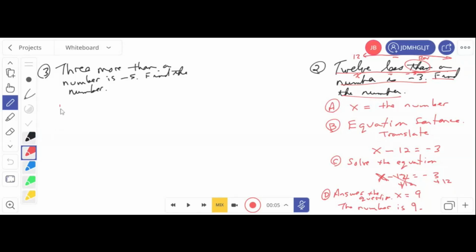Okay. First thing we do is define the variable. We look for the question that we're being asked, and we're trying to find a number. We're going to call that number x. The next thing we do is we look for the equation sentence.